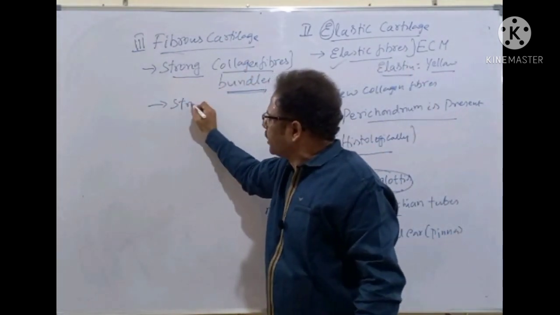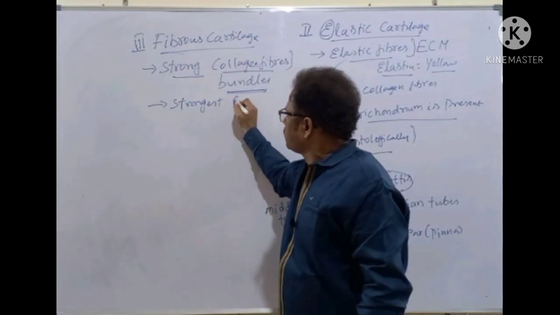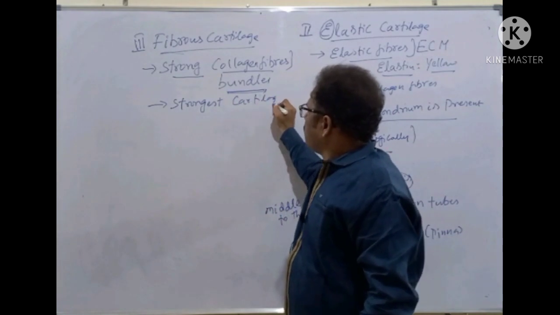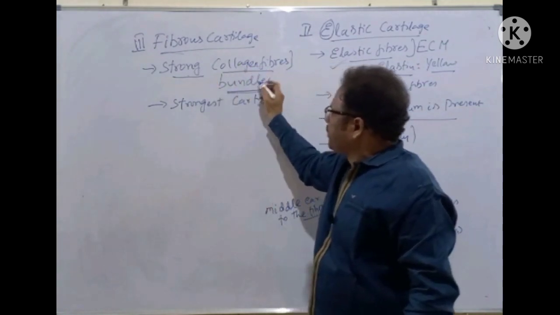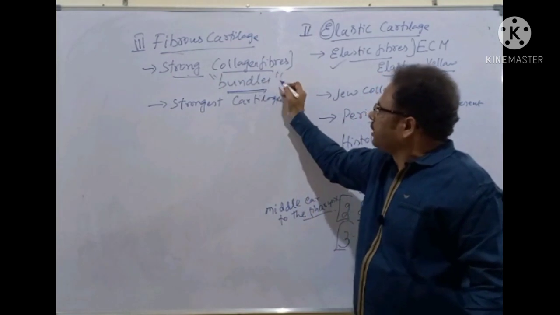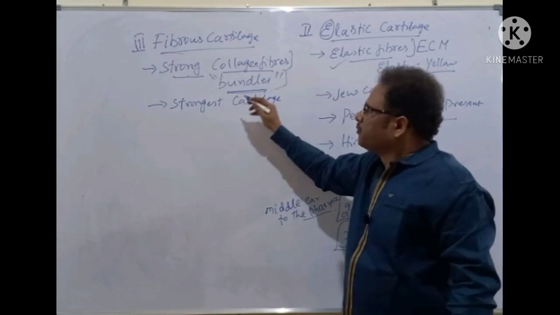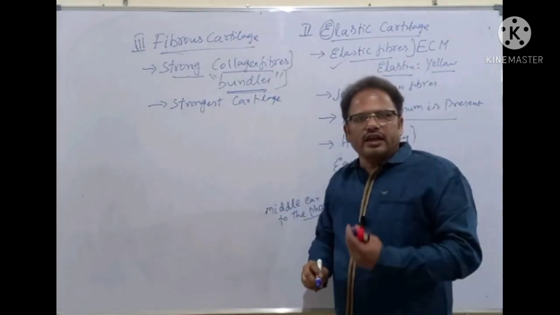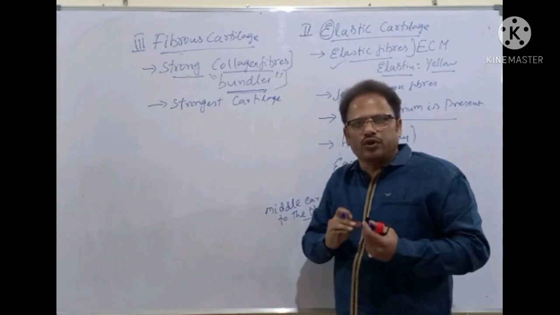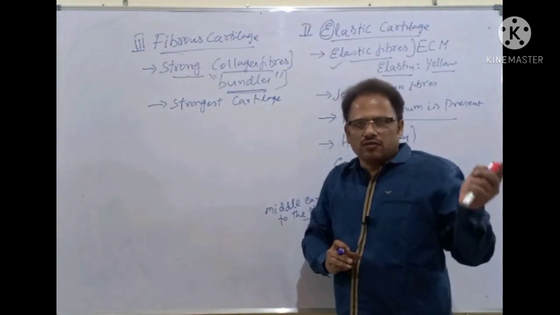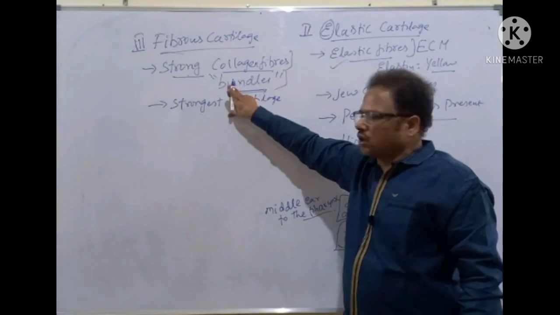This is the strongest cartilage, because it is made of the strong collagen fibers, and that too they are arranged in the bundles and very more in number. Whereas in the case of hyaline cartilage, delicate and weak collagen fibers which are few in number, that's why there the weakest cartilage, here the strongest cartilage.